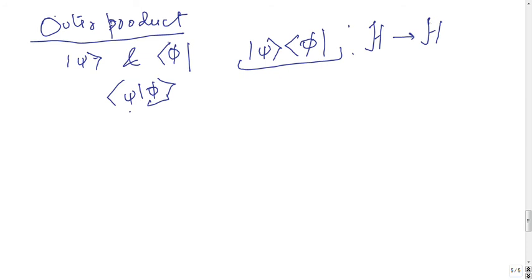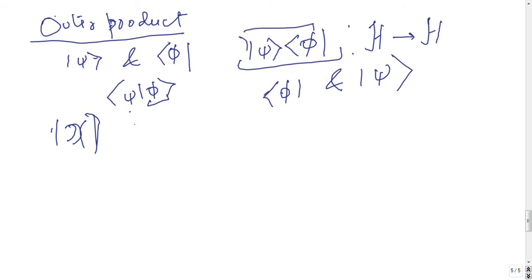Then this is called the outer product of bra phi with the ket xi, because if you see that any vector chi, if we apply this operator, this outer product, on this, then this would be the output.